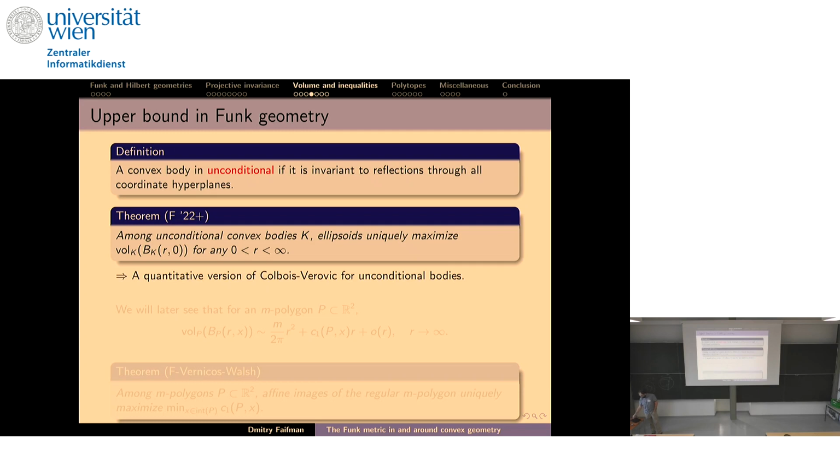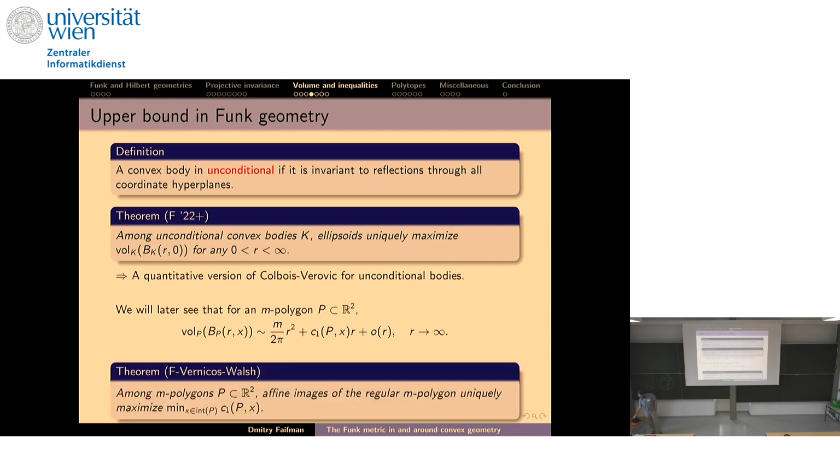The proof is far more elementary than Tholozan's original proof, and also the proof of Vernicos and Walsh. Okay, so here is another small evidence for the validity of the conjecture. I'm getting a little bit ahead of myself, but if you accept for the moment that for polygons in the plane, you have the following asymptotics. This time, it's not exponential, it's polynomial, it's quadratic, because it's a polygon.